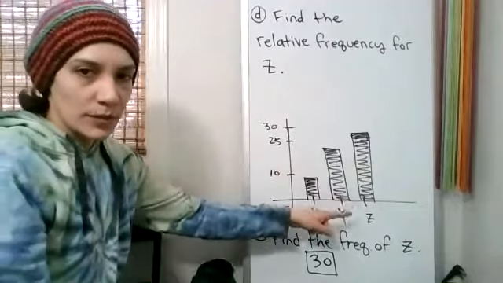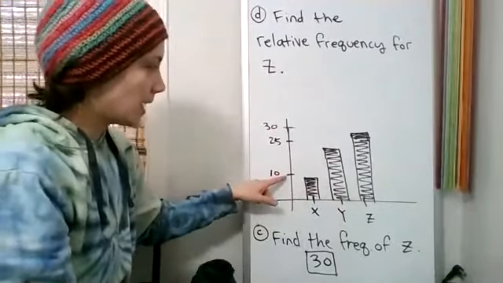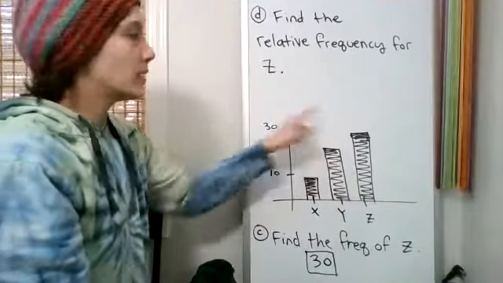So we have to get the total number of frequencies. 10 plus 25 plus 30.